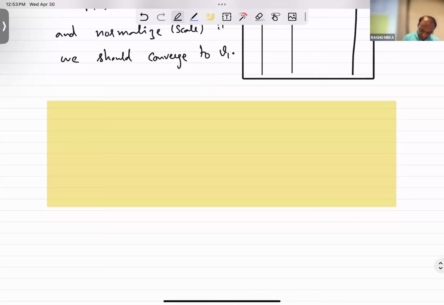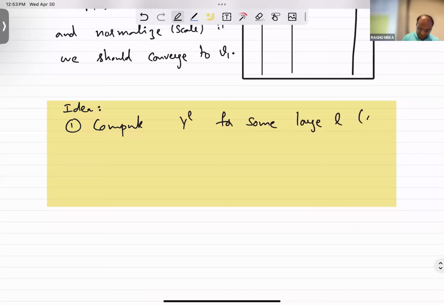It's a very simple idea. The idea is to compute y to the L for some large L, let's say L equals 100, and then extract the first column.